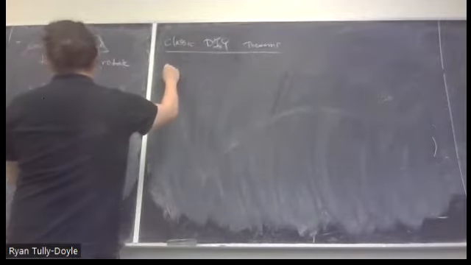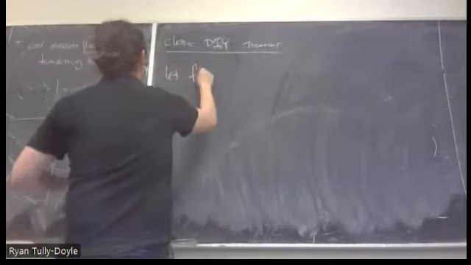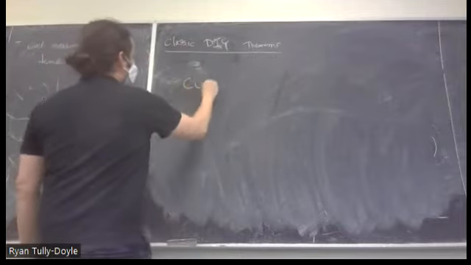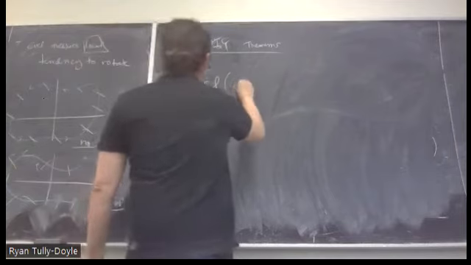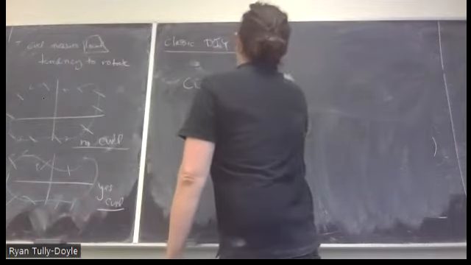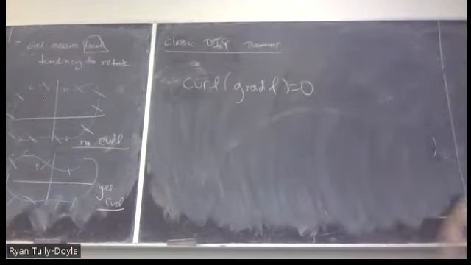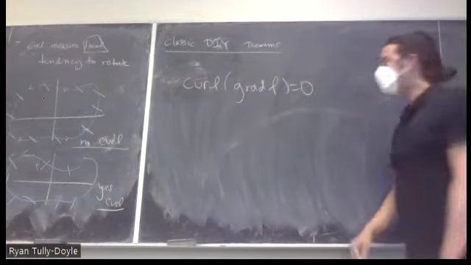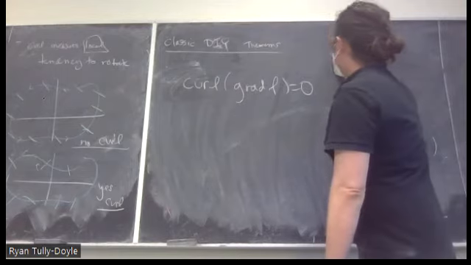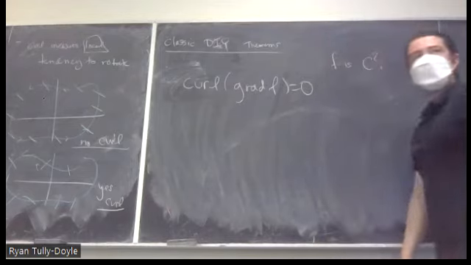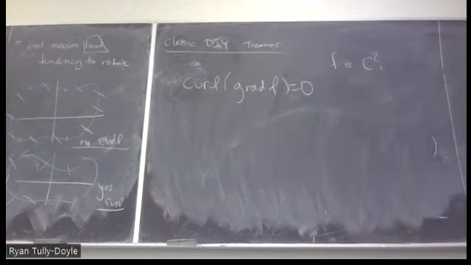So first one is let F. You know what? I'm not even going to give you the hypothesis. I'm just going to tell you. This is the way these usually be written on an exam. Curl of the gradient of F is 0. As a computational proof, you can prove that. Here you have to assume in order for this to make sense that F is C2, twice continuously differentiable.